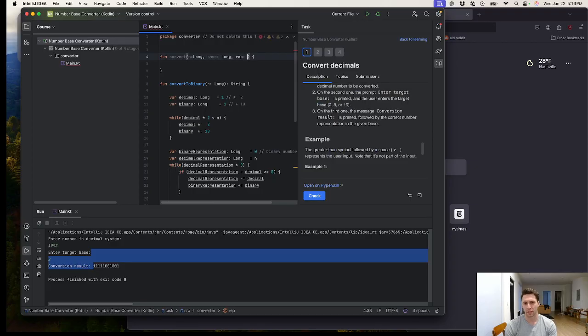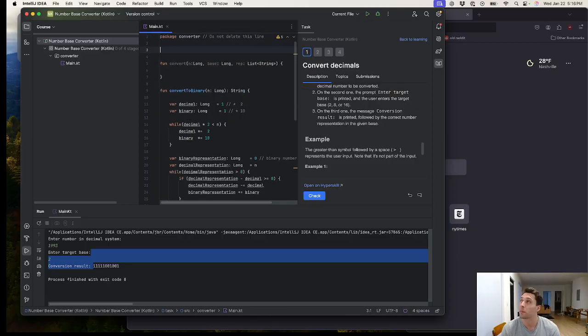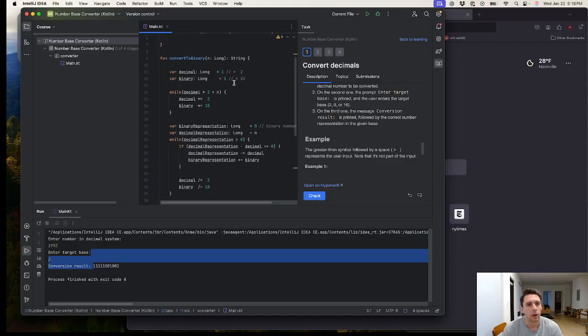Let's just do rep for a second and do, it's like a list of string, right? How do we show specific characters? Like what I'm imagining is for hex, how would I represent that? So how can I do this without decimal and binary here?